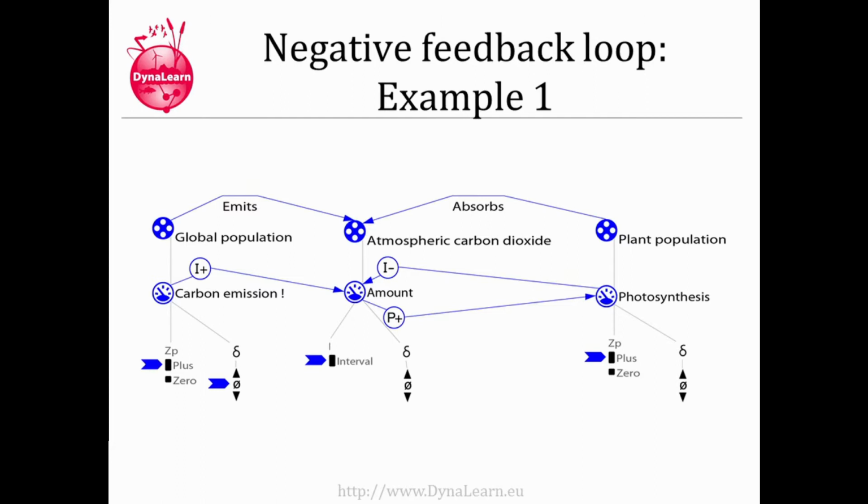Because if there is photosynthesis, that is, it has a value above 0, the amount of atmospheric carbon dioxide will decrease. And the positive proportionality is true because if the amount of atmospheric carbon dioxide increases, there will be more carbon dioxide that the plants can use for photosynthesis. Because there is only one negative causal relation, this is a negative feedback loop. Therefore, the photosynthesis process weakens itself through this loop.